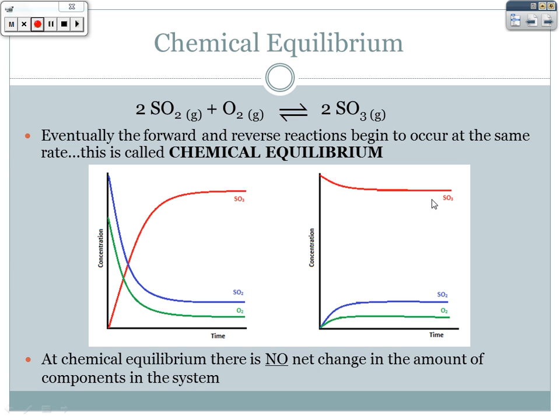At chemical equilibrium, there is no net change in the amount of components in the system. So this is the idea that these level off at some point, and if you add these together, there's no change in the total amount of components in the system. When we reach that, it is called a dynamic equilibrium, and that's at these points where the graph has leveled off, so in these two areas.